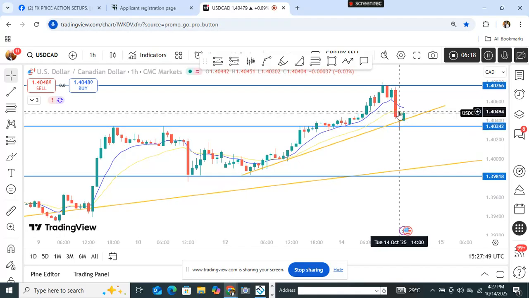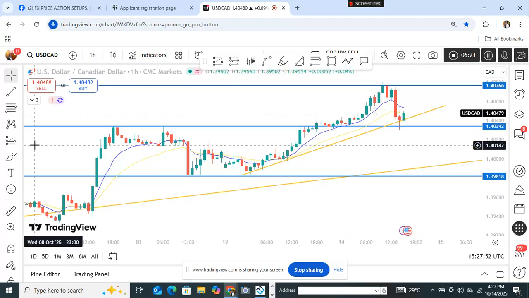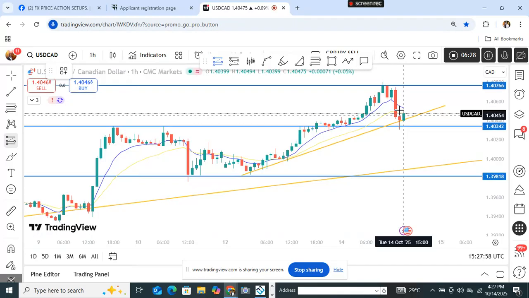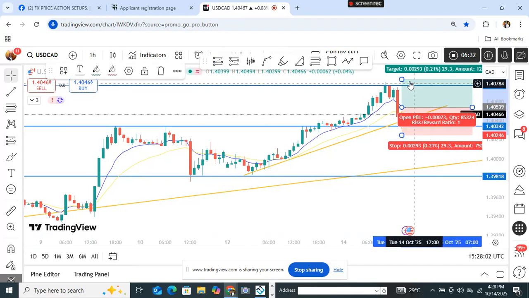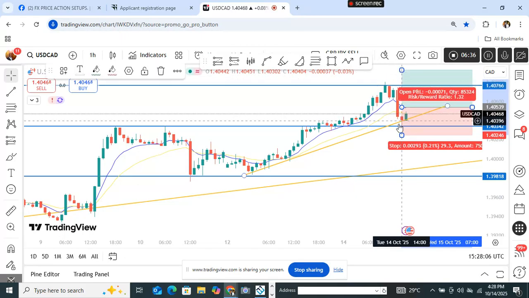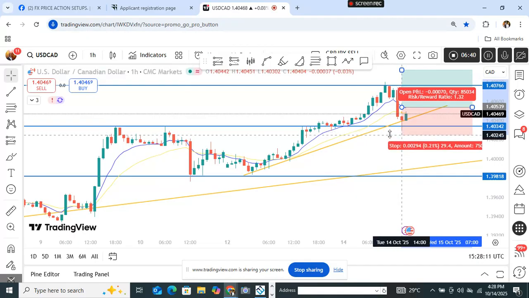After an entry here, a risk to reward ratio will be given. Risk to reward for a long position: you can see that we have our long position here, and we put the target above that level, and our stop loss should be below this candlestick, straight down.